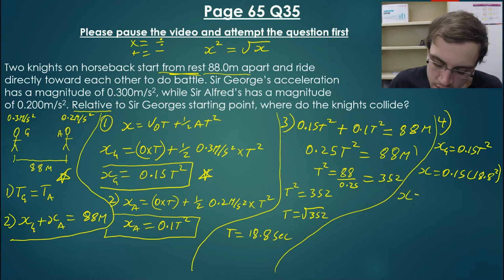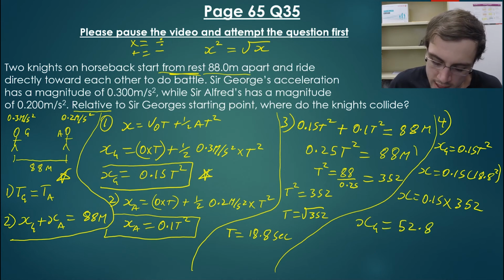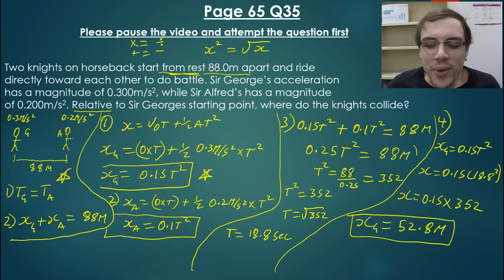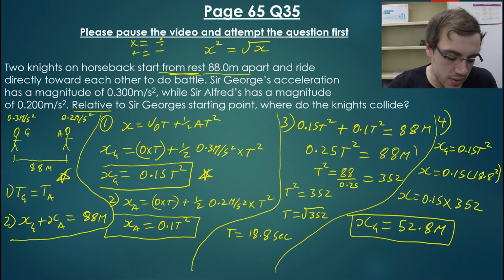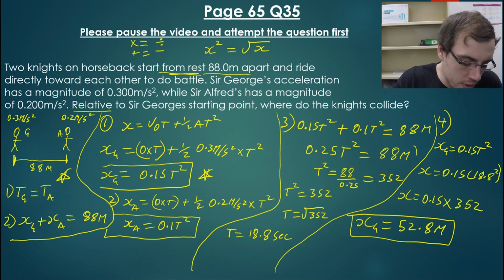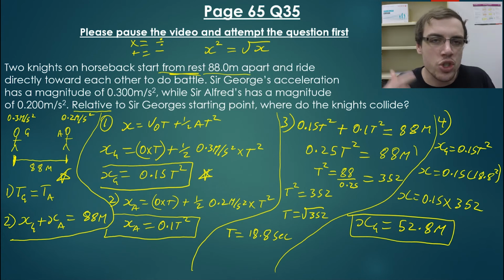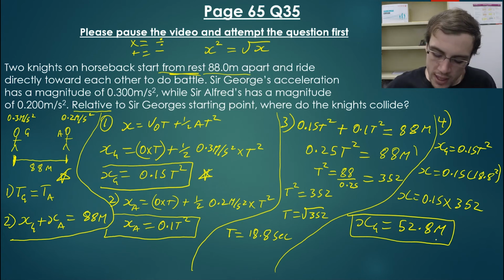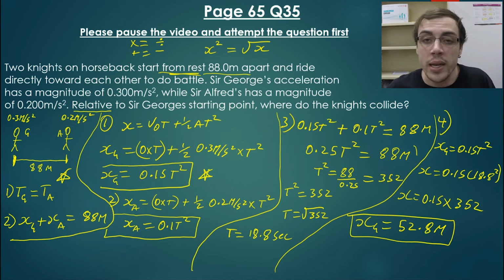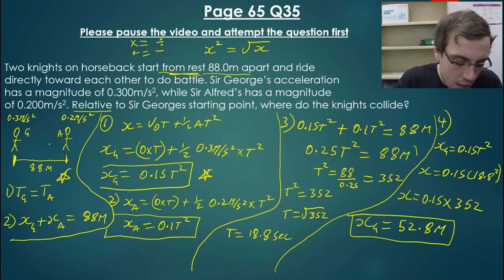So the displacement is going to be 0.15 multiplied by 352, which means the displacement for George is going to equal 52.8 meters. So relative to their starting points, from George's point of view, when they said 3, 2, 1, go, George travelled 52.8 meters from his starting point, and it was there that they collided with Alfred. So that would be about here, roughly.